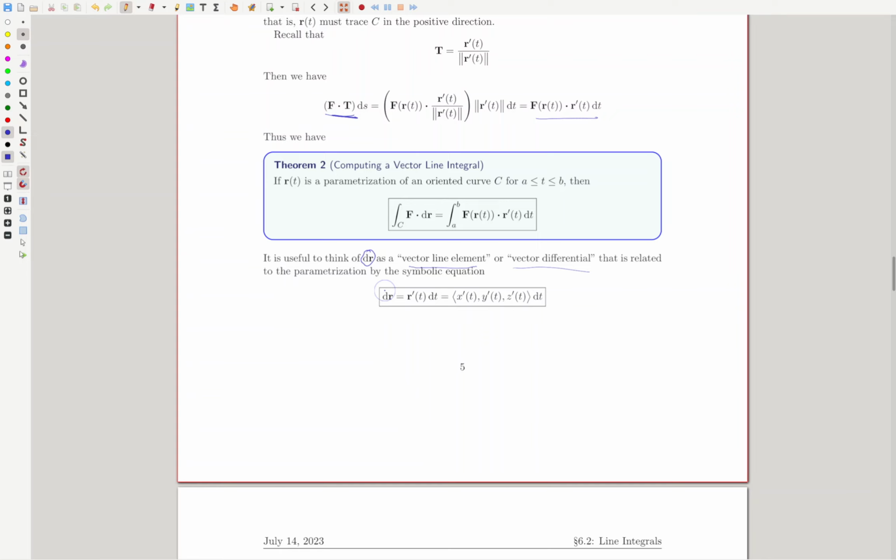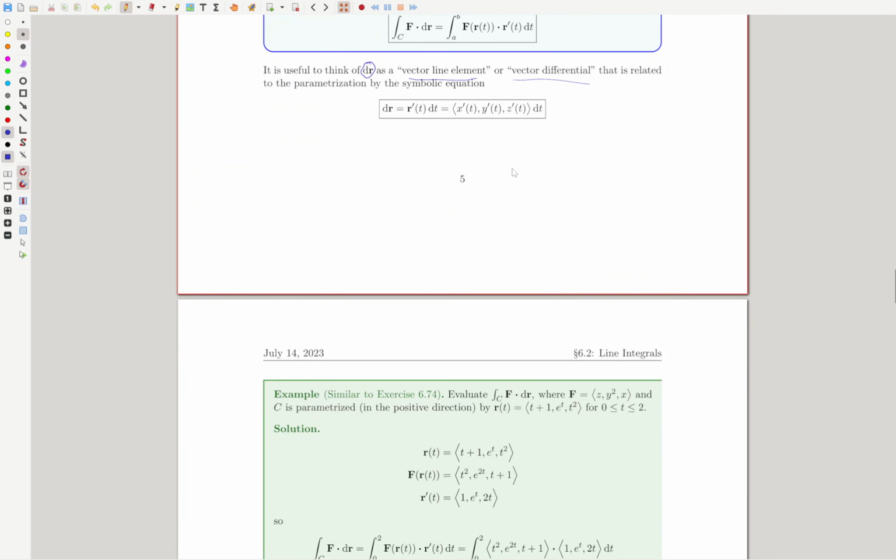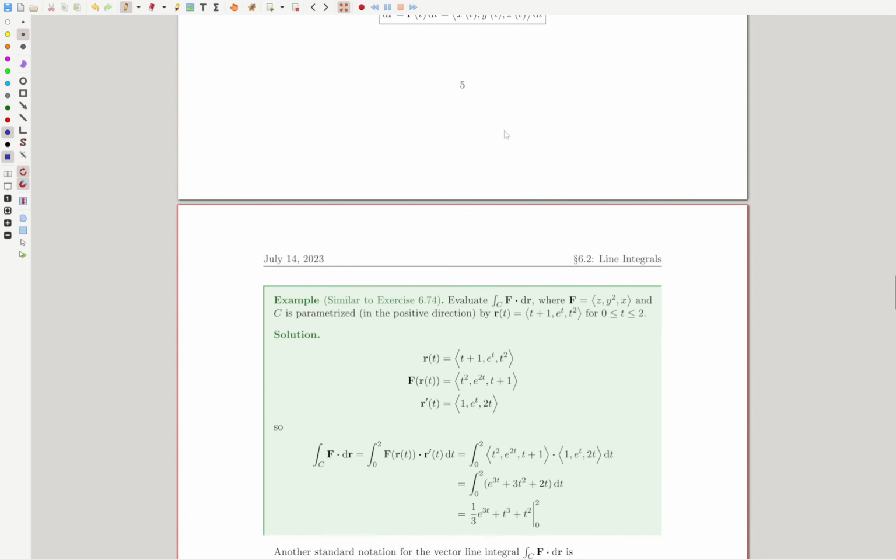So it's a vector differential. And symbolically, we can rewrite dr as r prime times dt, right? Which is pretty much what happened up here. And this r prime is this quantity. So we have this kind of symbolic equivalence there.